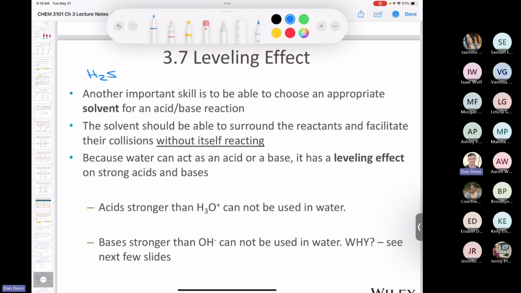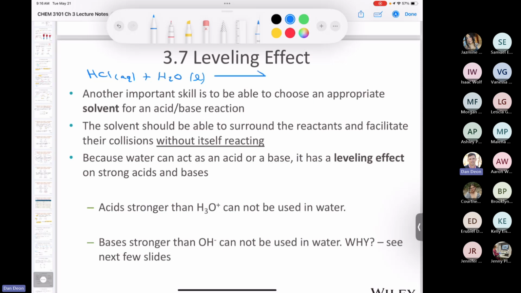If I put, instead of sulfuric, I used sulfuric earlier today, if I put hydrochloric acid in water, okay, do I have any HCl molecules in there? If I have hydrochloric acid, do I have any HCl molecules intact? The answer is no, I don't. And if you're like, what? So if I look at a bottle of hydrochloric acid, there's no HCl molecules in it? Not really, no. Why?